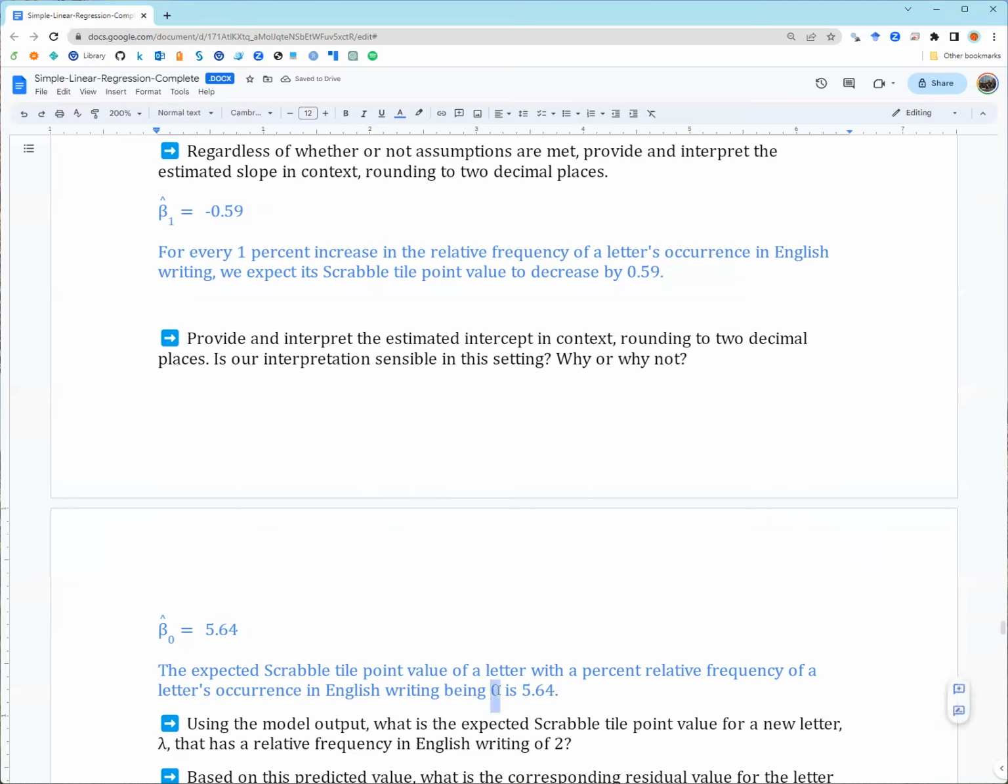So if a letter never shows up in any English writing, it would be really hard to play. So we're saying we'd expect Scrabble creators to mark it as about 5.6 points. Okay.